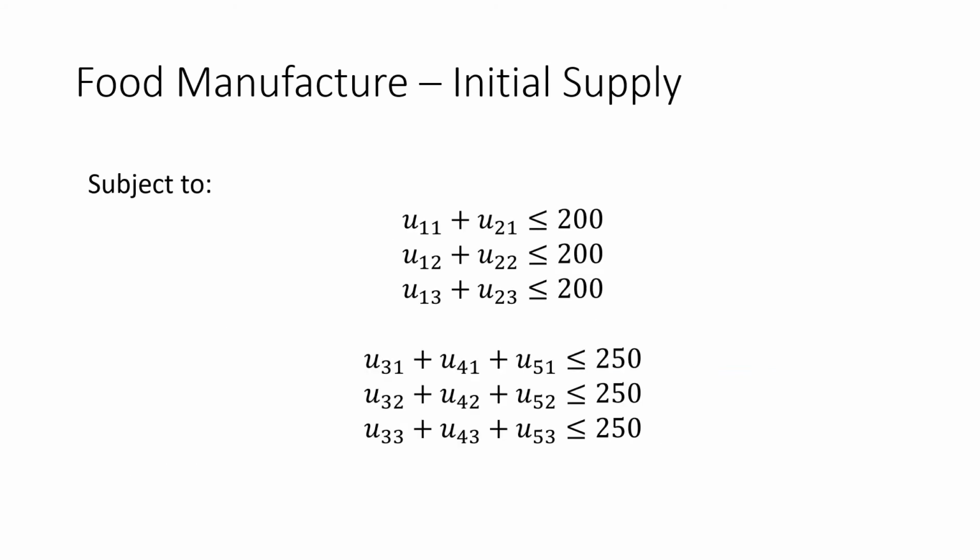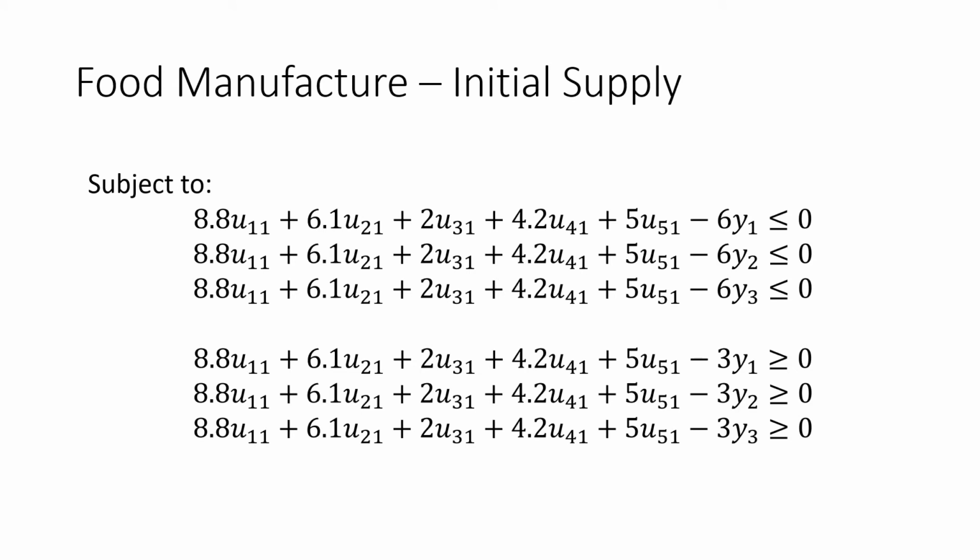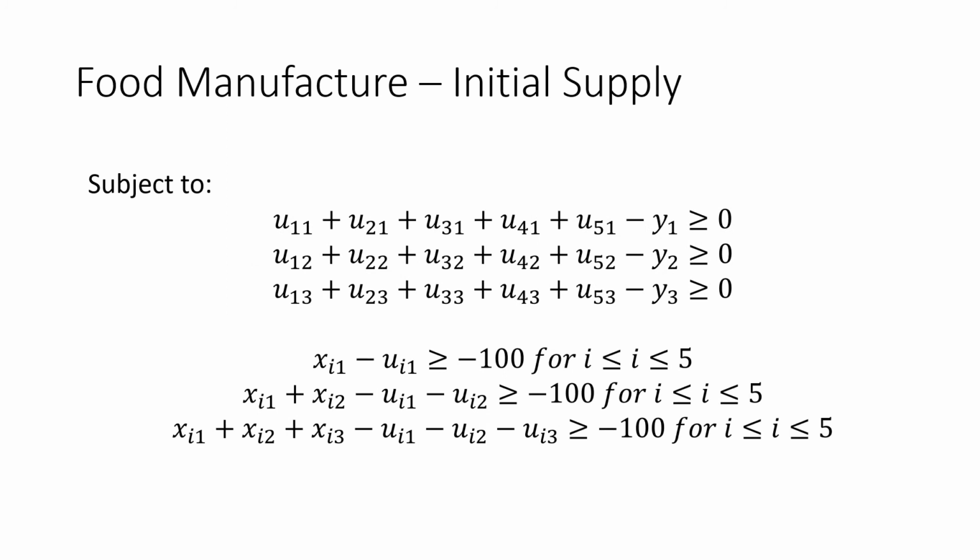What about our constraints? Same exact constraints as last time for this. That's the amount we can process every month. Our hardness, same exact constraints, one per month for the maximum and minimum. Our supply, well, again, it says that the amount that we use can be no more than what we produce. Now, here's where we get a little bit of a difference. Every type of oil that we have, we start with 100 tons.